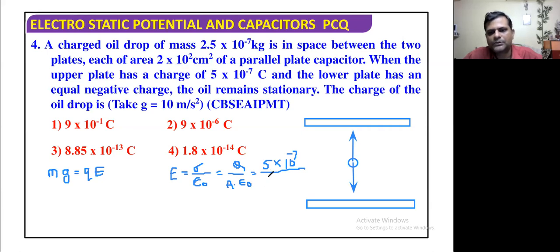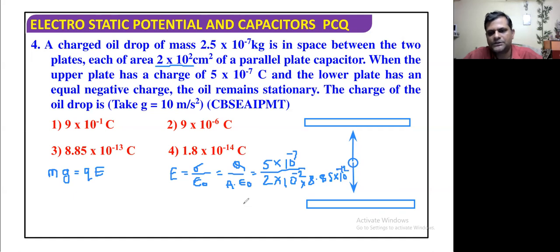So it will actually be 0.02 here, or we can say 2 into 10 raised to minus 2 meter square, because 2 into 10 raised to 2 multiplied by 10 raised to minus 4 comes out to be 2 into 10 raised to minus 2 actually. And epsilon naught जो कि हमको ऑलरेडी पता है, उसका वैल्यू होता है 8.85 into 10 raised to minus 12.